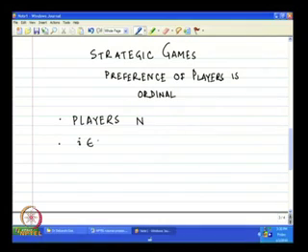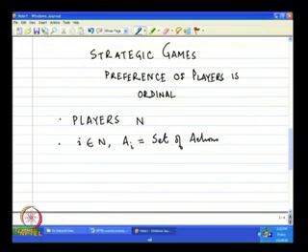So, if i belongs to capital N, then I should have an idea what is Ai, where Ai is the set of actions available to i.